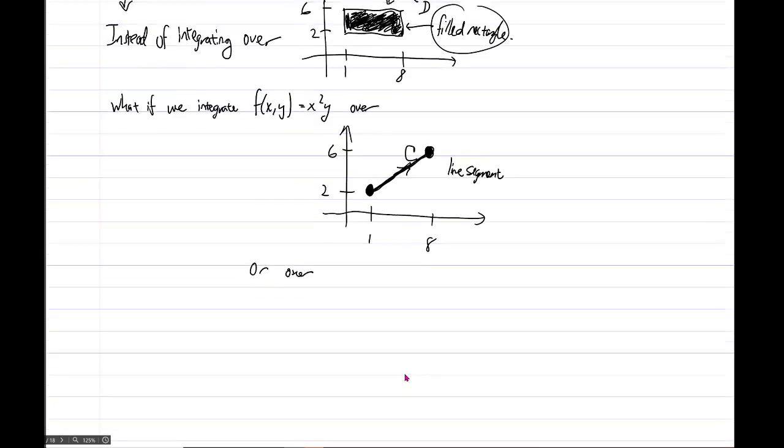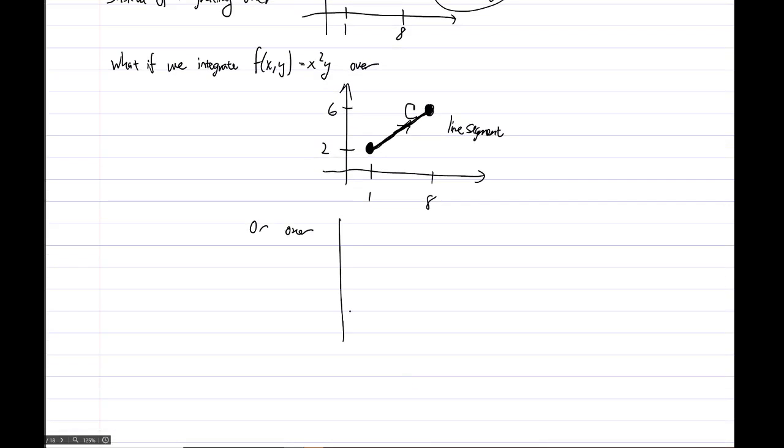That would be nice, but how about even a different shape? So let's say 1, 8 still on the x-axis, y-axis still 2, 6. We'll start at 1, 2 again, and we'll end at 8, 6 again.